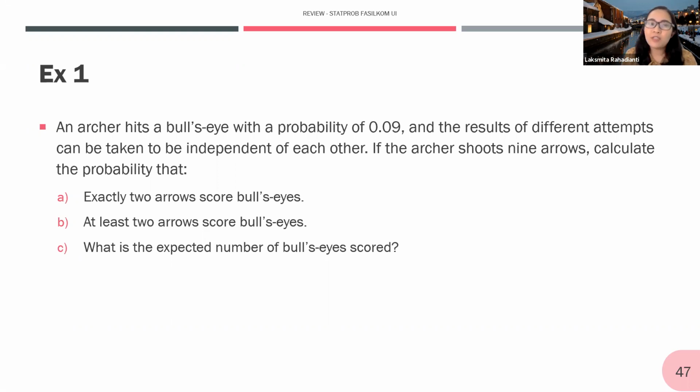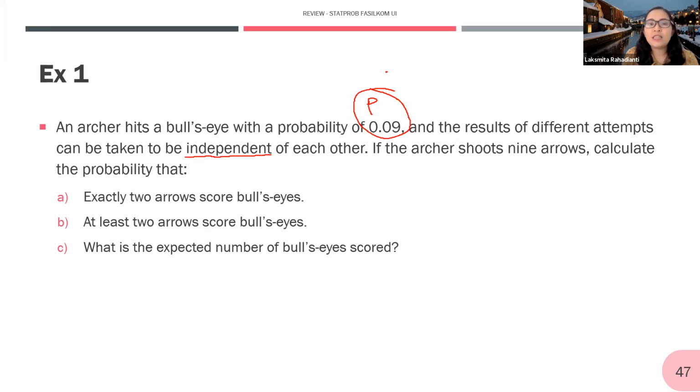We know that every time the archer shoots his arrow, the probability of hitting the bullseye is 0.09. And we assume that every single trial, every single Bernoulli attempt, is independent of each other. It's important: constant probability, independence.